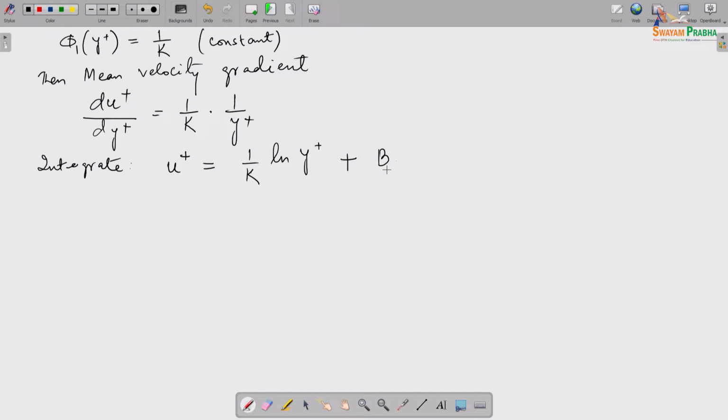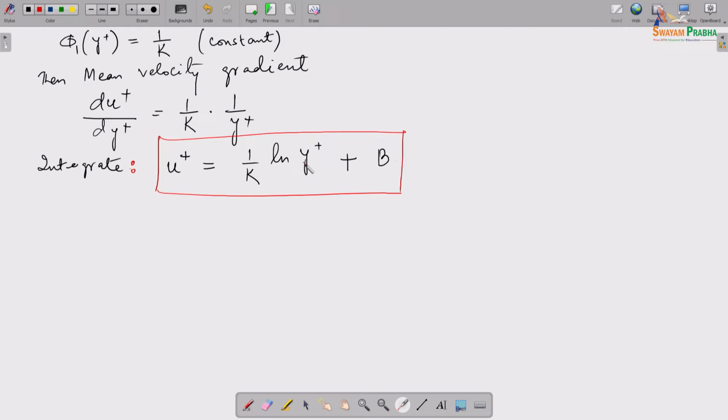So essentially, if you see this in the length scale that I have just shown you, there is a relationship between u plus and y plus, and what is the relationship?